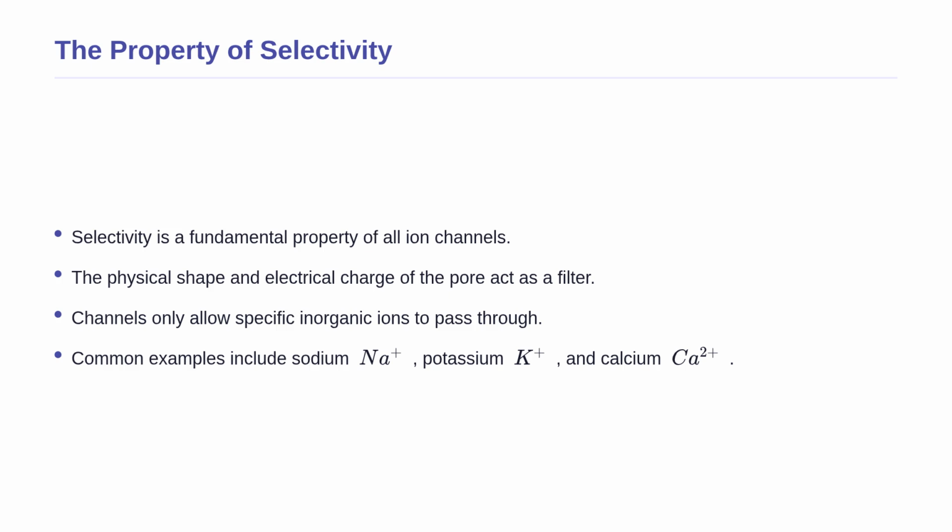This filter ensures that only certain inorganic ions can pass through. For example, a sodium channel will only let sodium ions through, while completely ignoring potassium, calcium, or chloride ions. This strict selectivity is what allows the neuron to create very precise electrical signals by moving specific charges at specific times.